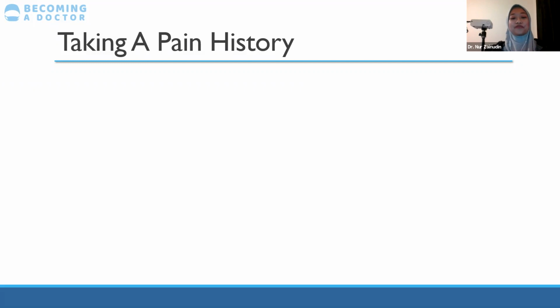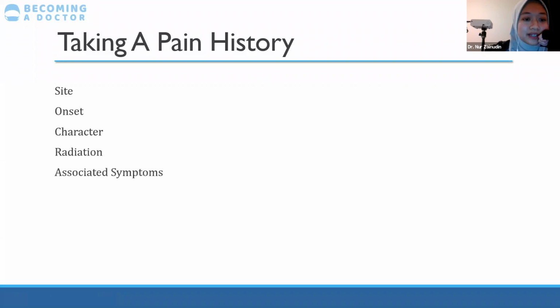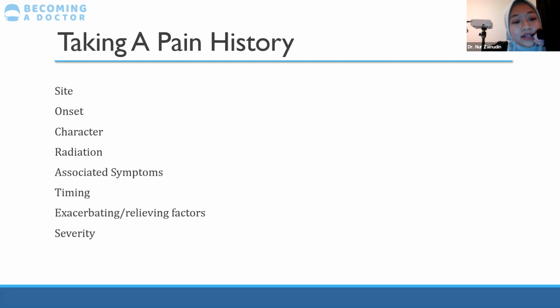Something that we learn in med school first year. Really good. So site, onset, character, radiation, associated symptoms, timing, exacerbating and relieving factors, and severity. I think everyone knows every letter. Just go through them really quickly.